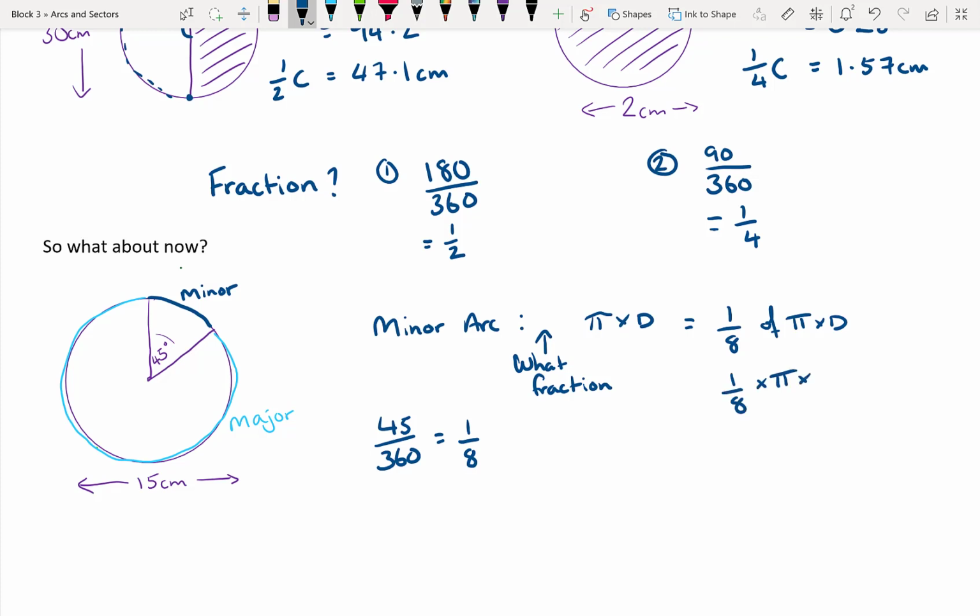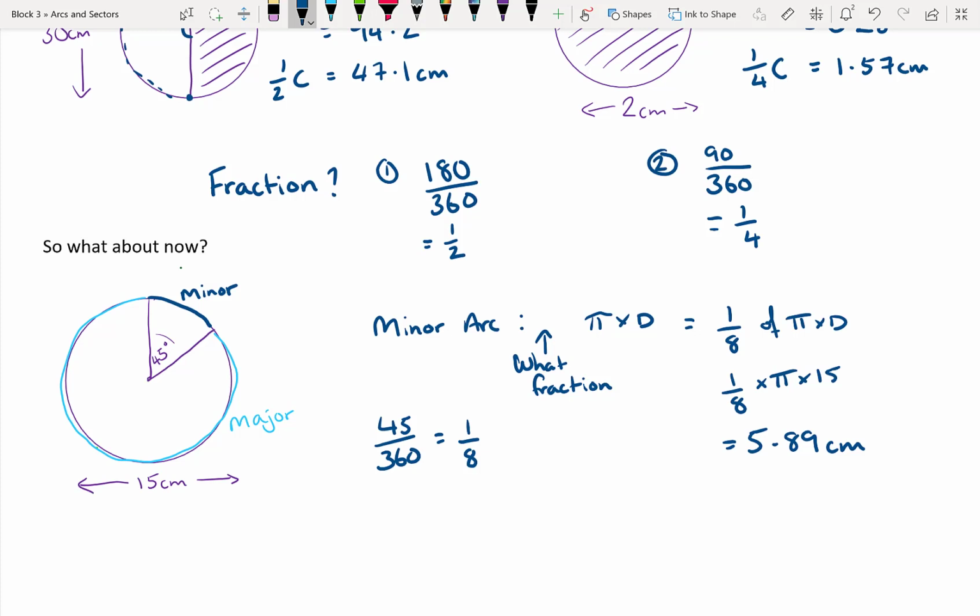So 1/8 times pi times 50. Turn to our calculator, we're going to do 15 times pi divided by 8. Now we get 5.89 centimeters as our answer.